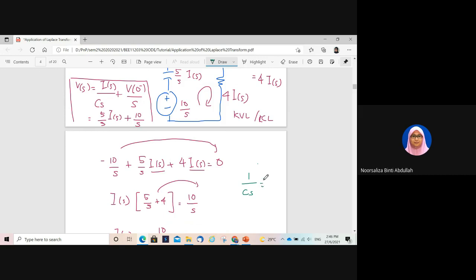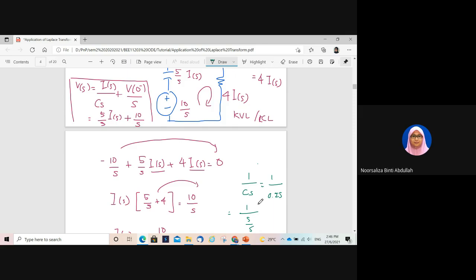So, equals to 1 per 0.5. 0.5 pula. C kita adalah 0.2. So, 0.2 S. Okay. 0.2 S adalah sama juga dengan 1 per S per 5. Okay.